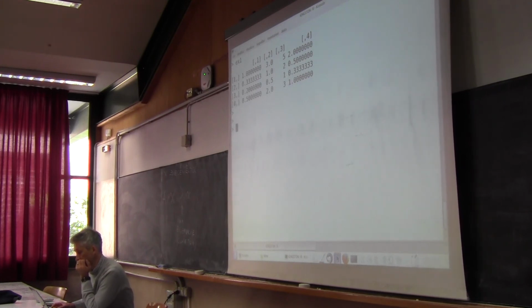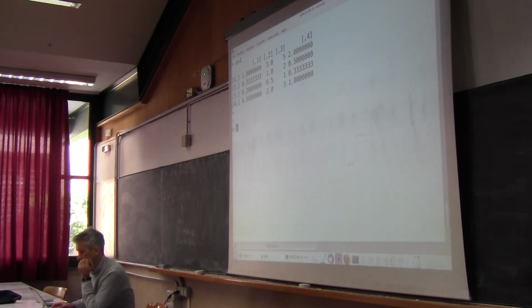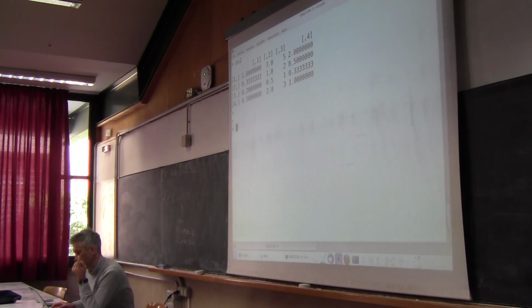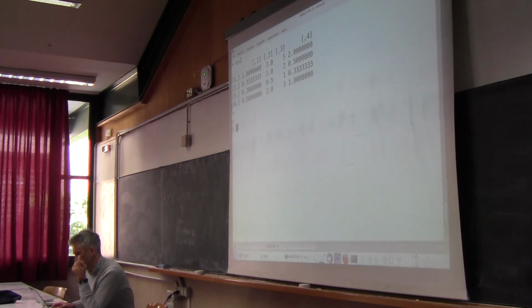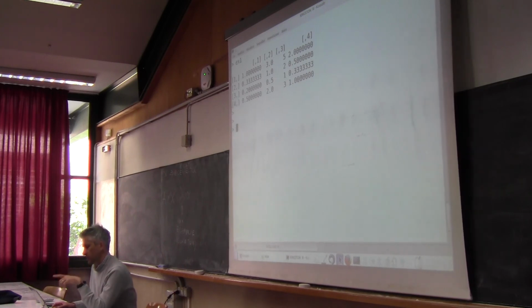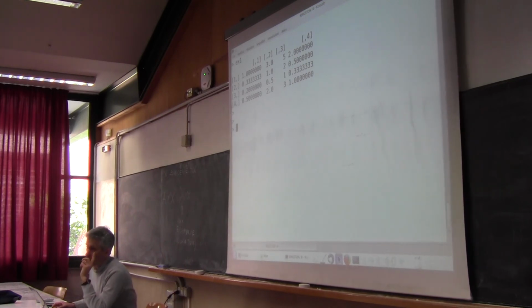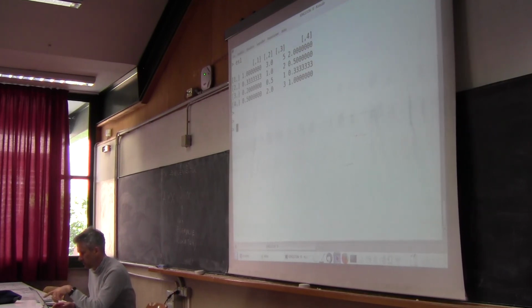No problem. Now let me play with this matrix. Let's assume that we make the last evaluation, which was the evaluation of 4 with respect to 1, not consistent. Let me see.